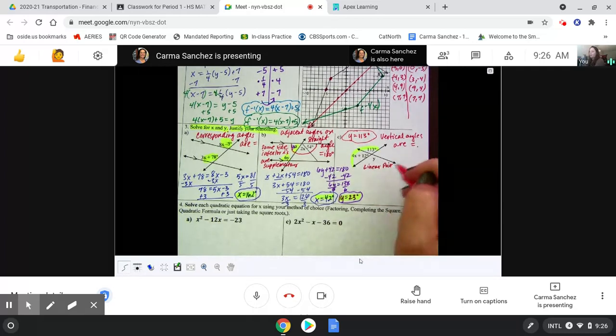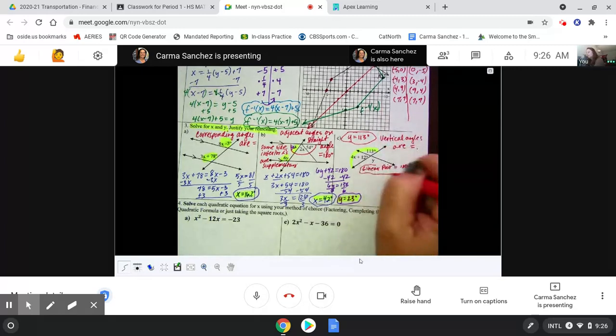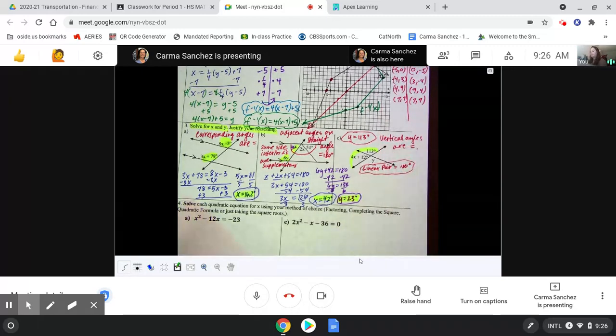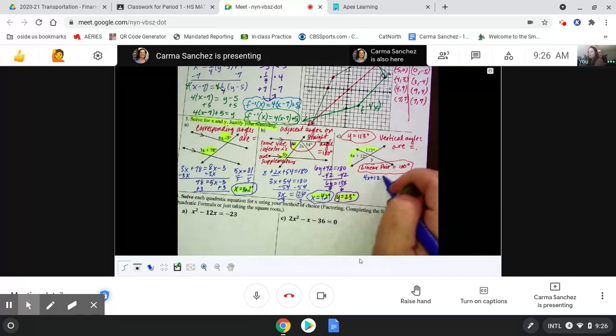What do I know about linear pairs? I know they're supplementary. They add up to 180. So here I go. Writing 4x plus 12 plus 113 equals 180. 113 plus 12 equals 125.